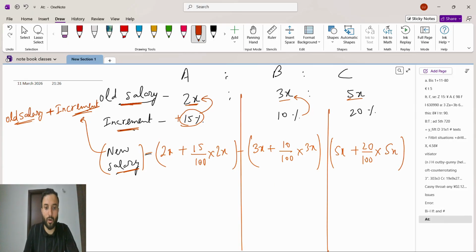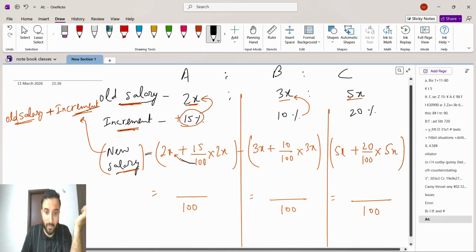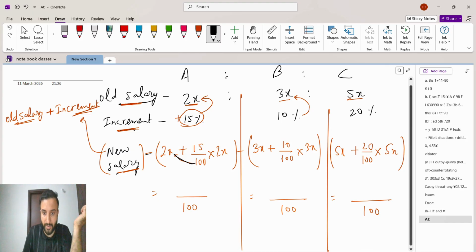Don't do anything else, just see what we know. We know that the denominator will remain the same. Here also the denominator is 100, and here also the denominator is the same. Now we know that this will multiply and this will get added.